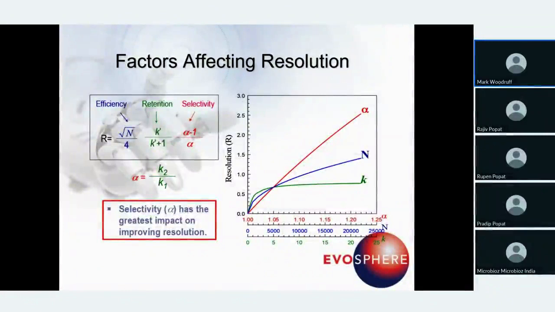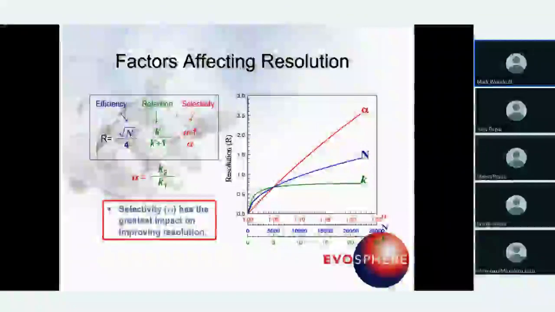Once you get past 10 for K prime, then you gain nothing by retaining that compound longer and longer. It will not give you more resolution, it won't give you more selectivity. So we work in this 2 to 10 region for K prime. And if we're there, we know that we have some accuracy.